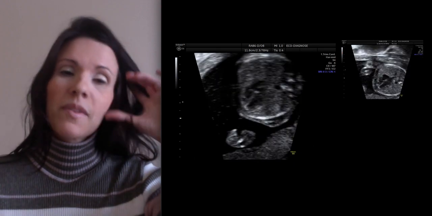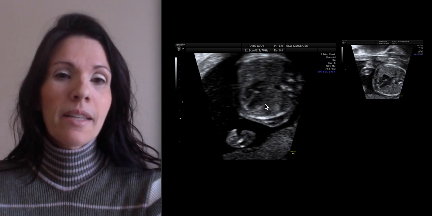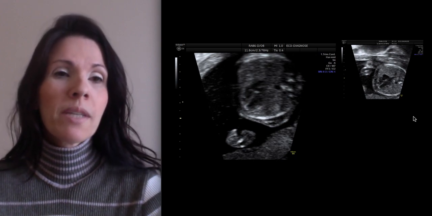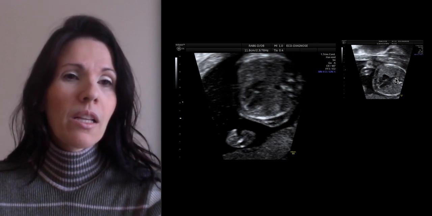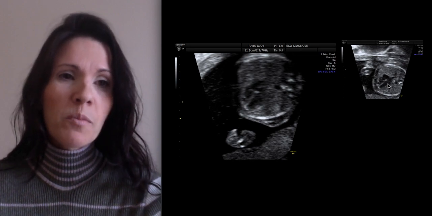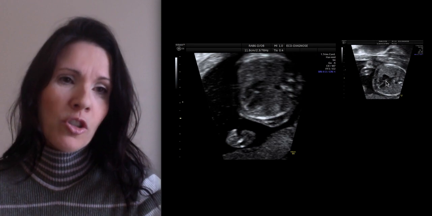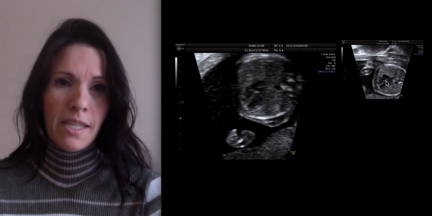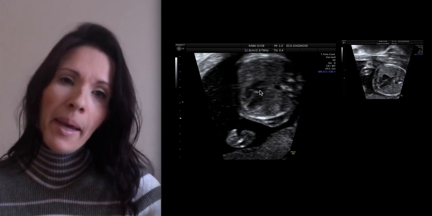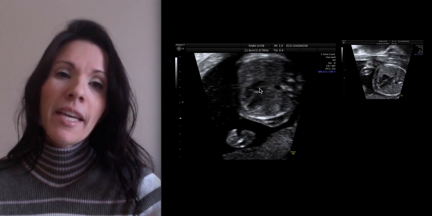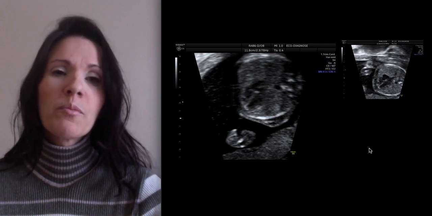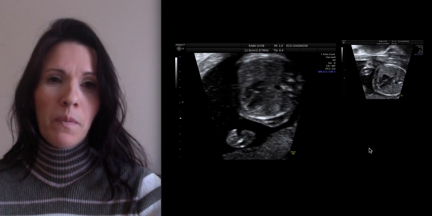This image I got at 20 weeks, and you can even see the left chambers bigger than right chambers, and you can see the coronary sinus, normal coronary sinus, and this gap that is septum primum ASD.